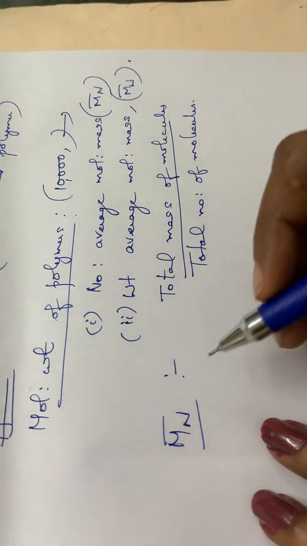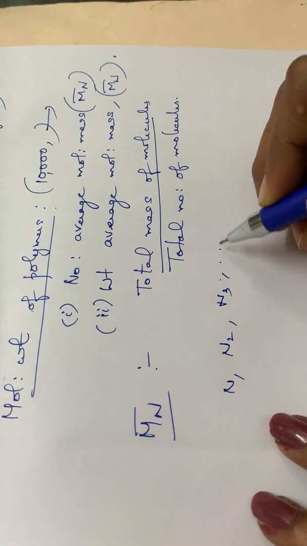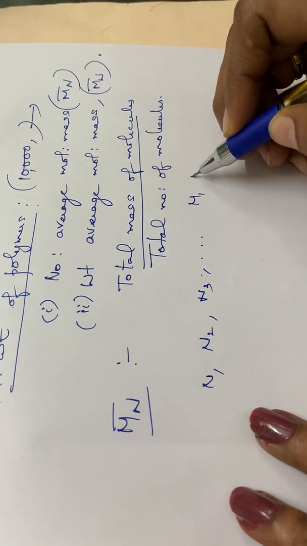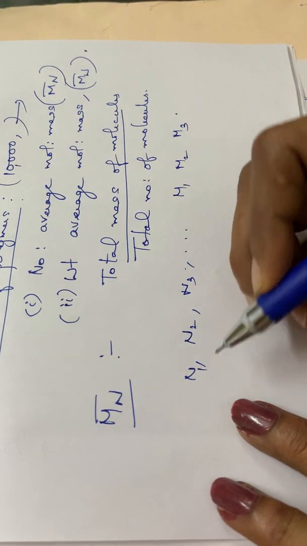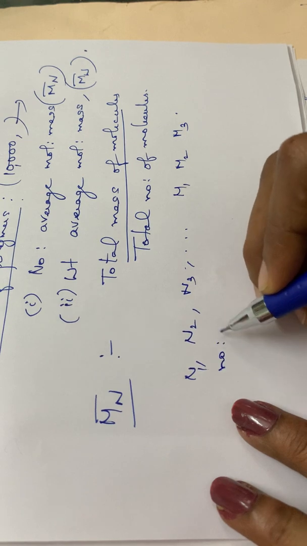Okay, so suppose N1, N2, N3, etc. are the number of molecules, and M1, M2, M3, etc. let it be their molecular masses.